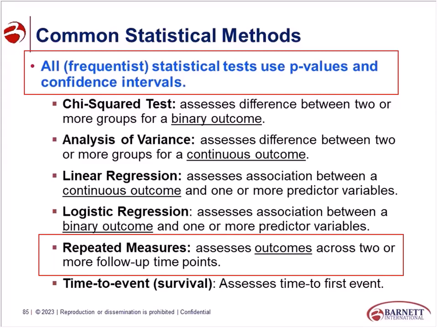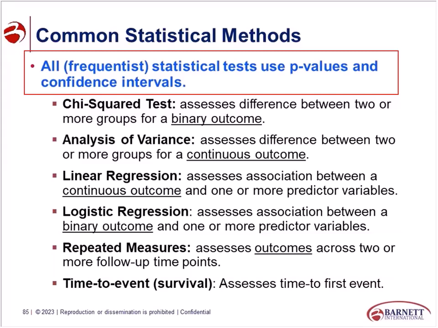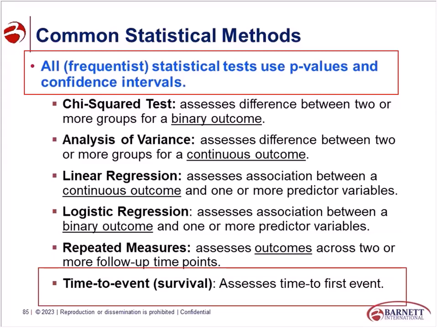In this case, we use something called repeated measures. And then finally, time to event, survival analysis, when you want to look at time to an occurrence of an event. Rather than looking at whether or not an event has occurred, you're now looking at when it actually has occurred. And I'll show you an example of that.